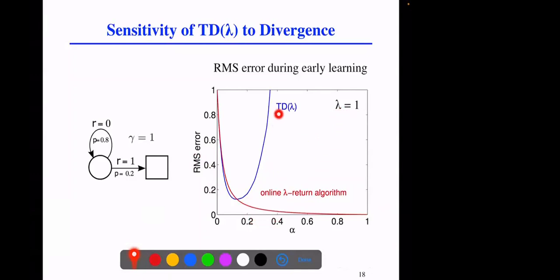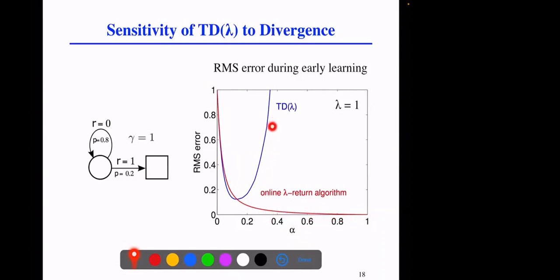I plot the performance of TD Lambda and of the online Lambda return algorithm. And what you can see here is that with lambda equals 1, you actually can get a perfect performance. The optimal step size is 1 here, and you see performance goes up with higher step size.